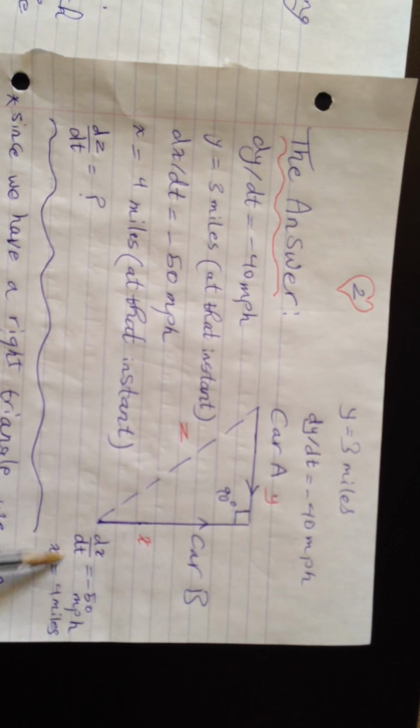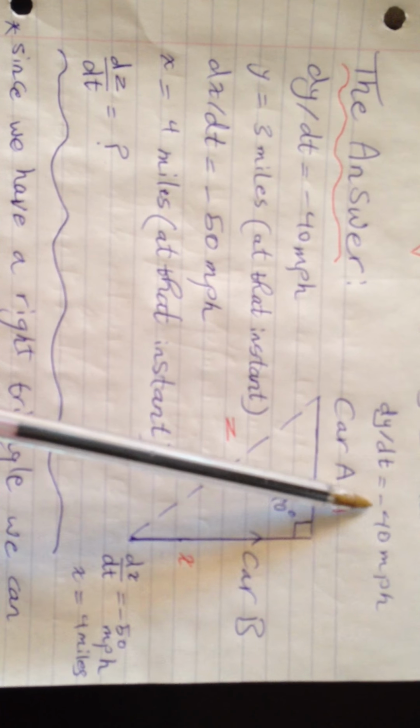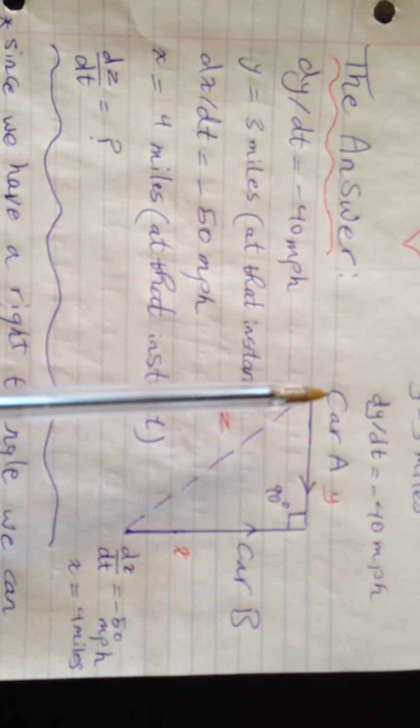what we're given in the question. So let's call this y, which is the path of car A, and the path of car B is x. So dy over dt, which is the speed of car A, equals negative 40 miles per hour.